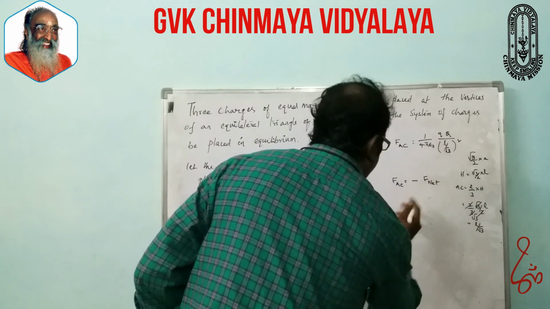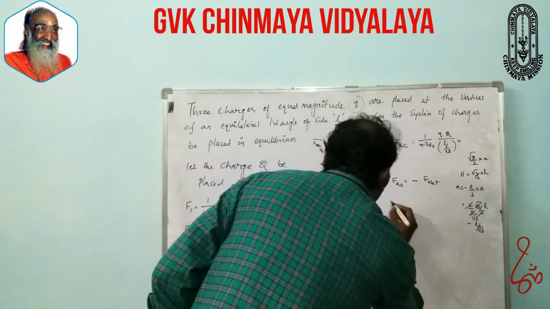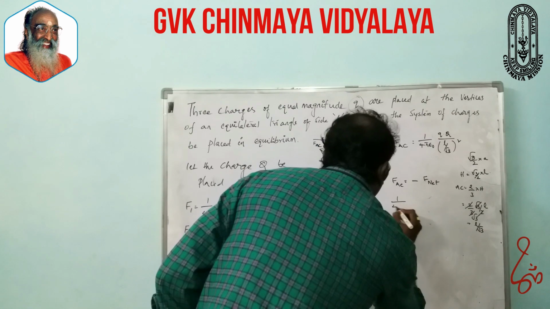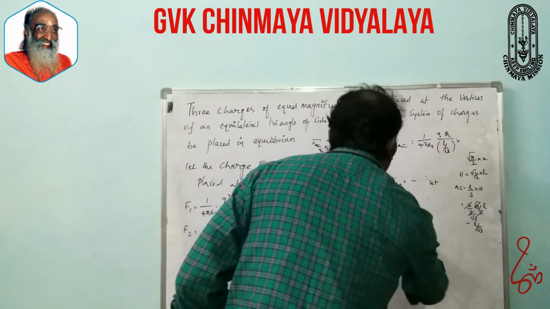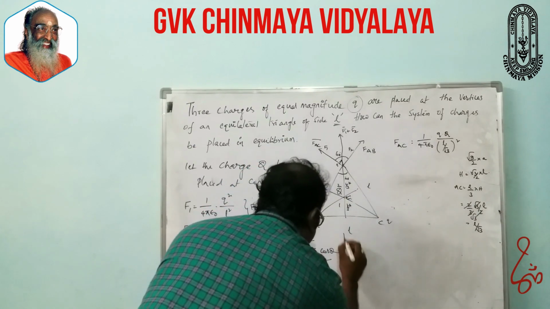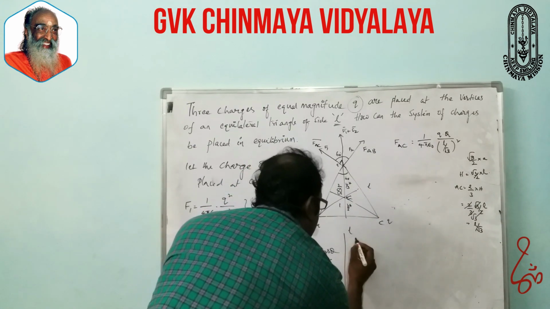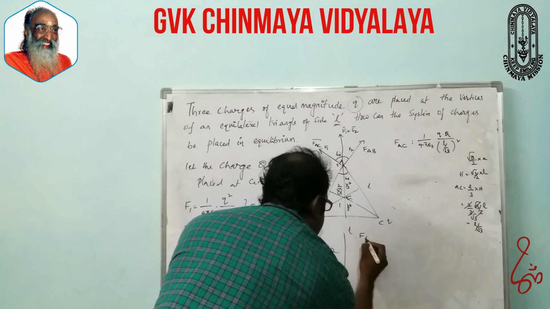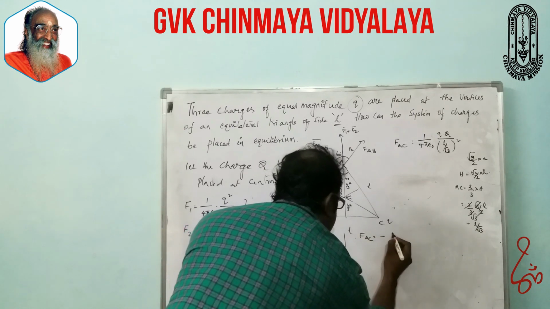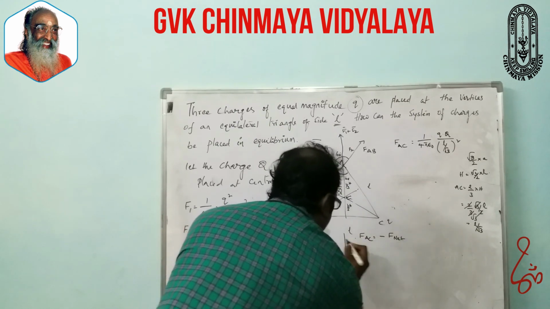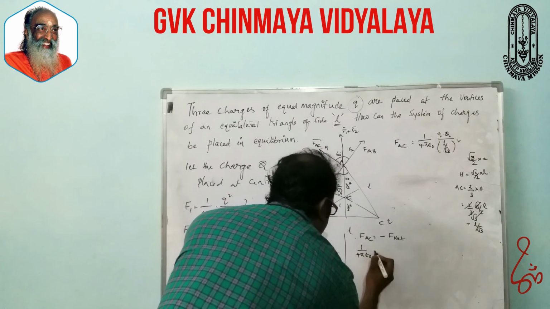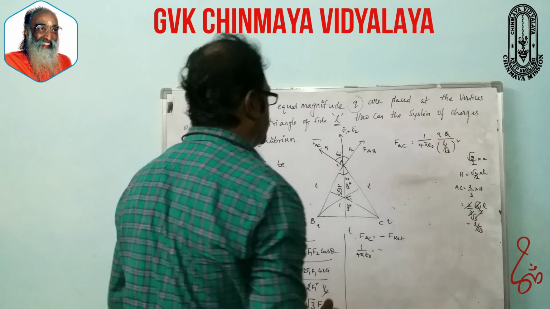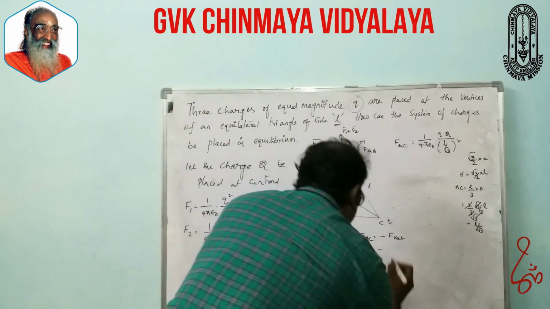What is FAC here? 1 by 4 pi epsilon naught, and minus F net is root 3 F1.